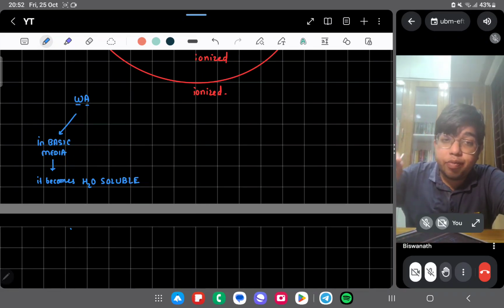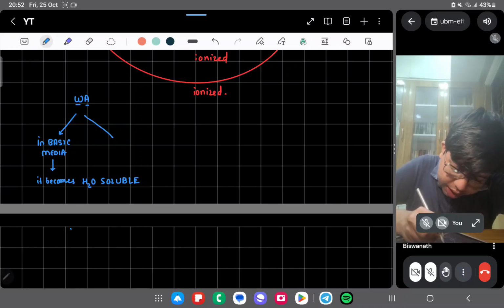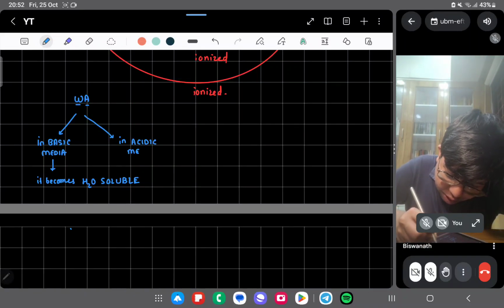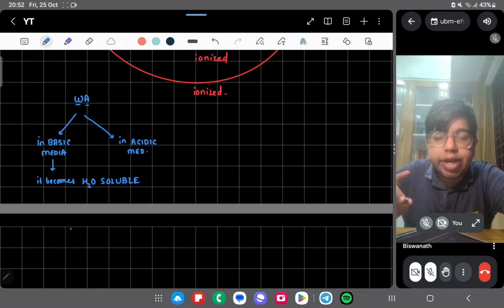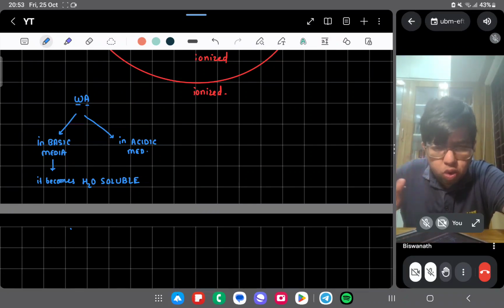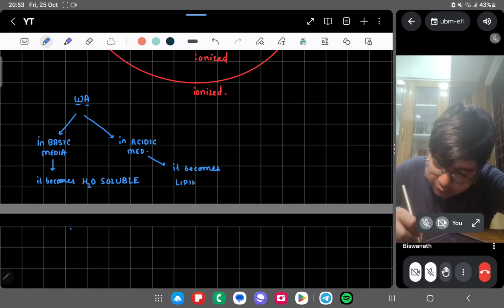And the same weakly acidic drug in acidic media is not getting ionized. In acidic media, it becomes lipid soluble.